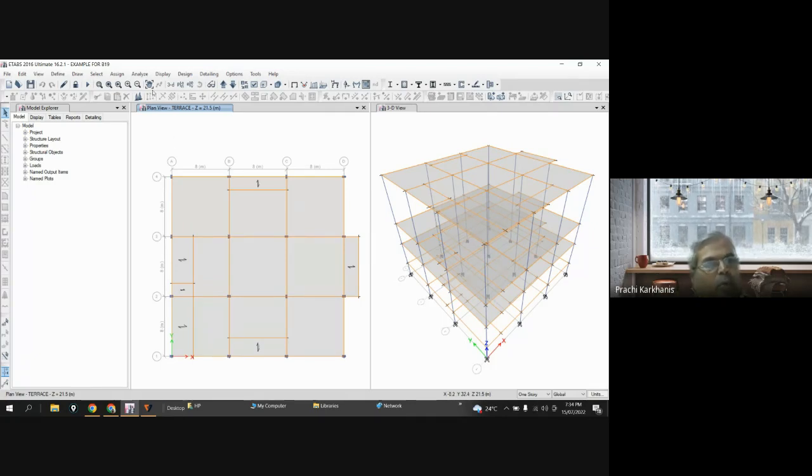Let's say the total weight of the entire machinery is 1000 kilonewton, and that is shared by 4 columns. Every column will have a load of 250 kilonewton, so you can apply the concentrated load on the columns. That also we can discuss if you want.